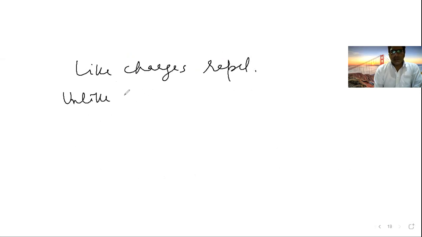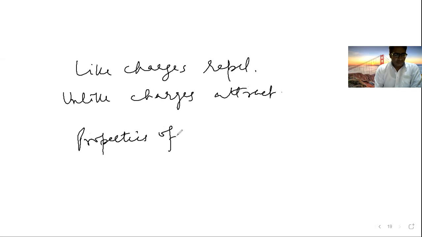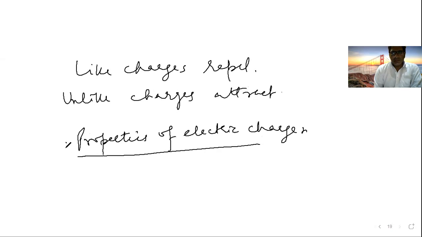Now you also know like charges repel, unlike charges attract, right? Another thing, properties of electric charge. All these things you have done in your 12th class.